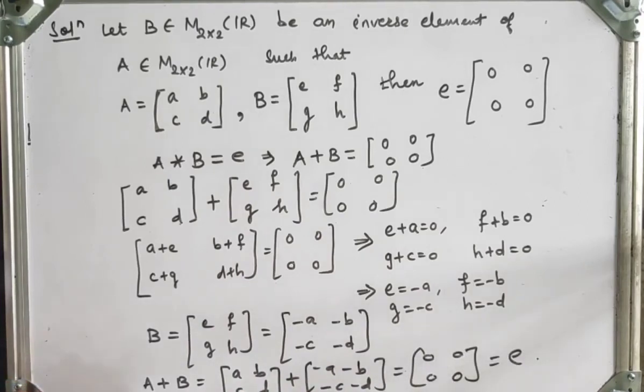So the inverse property is satisfied. So B is the inverse of the element A.